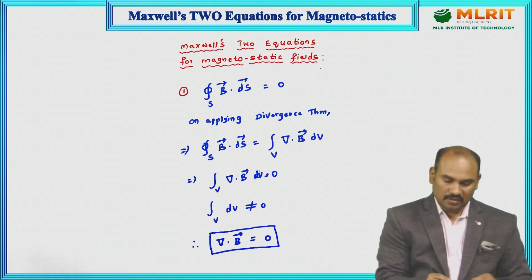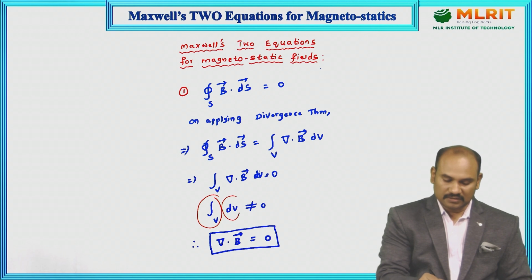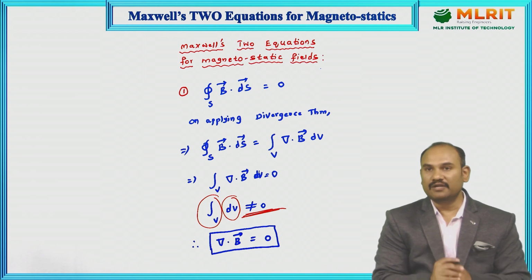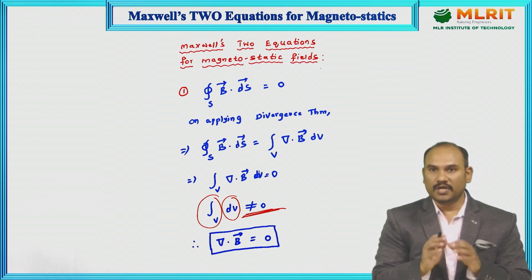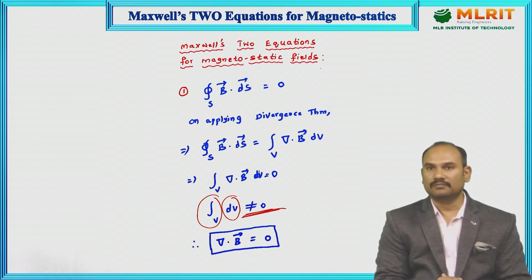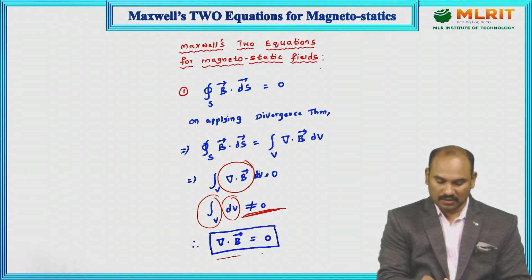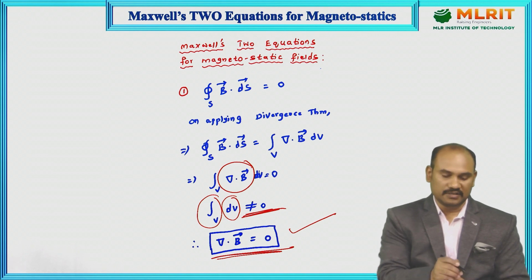But the volume is not equal to 0, because you have a finite volume. The volume cannot be 0. So what should be 0? Del dot B bar should be equal to 0. That's what's written here. This is one equation.